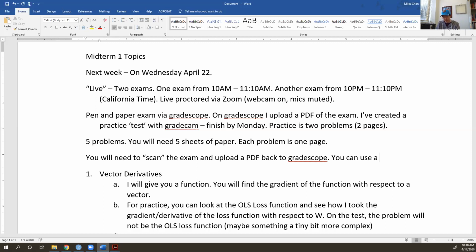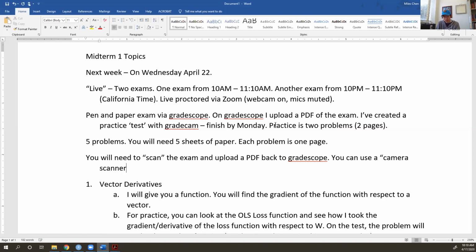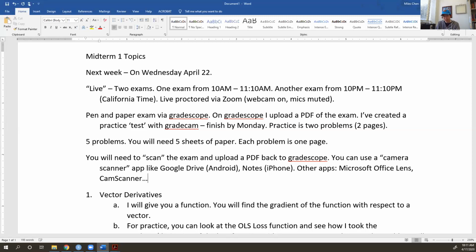You can use a phone camera scanner app, like Google Drive for Android, or just the Notes for iPhone. I think there are other apps, like Microsoft Office Lens. I think there's Cam Scanner and more.